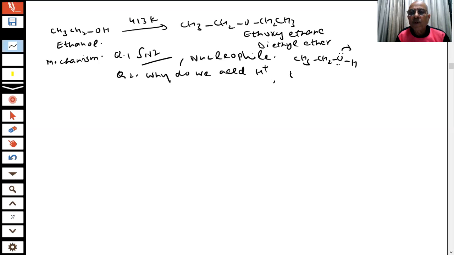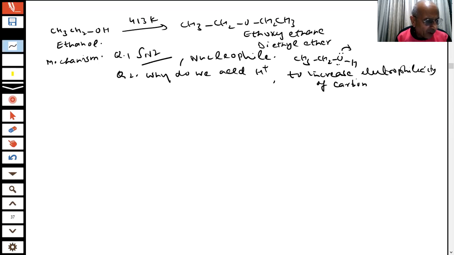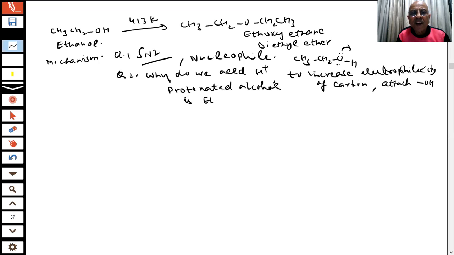So it is to increase the electrophilicity of the carbon attached to the OH group. That is why protonated alcohol, students, is an electrophile.